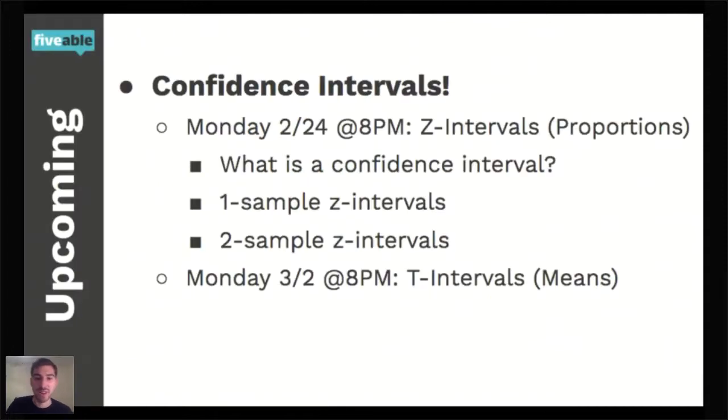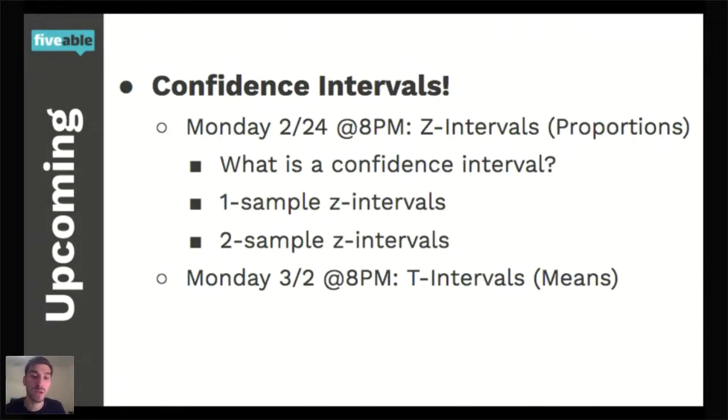What's coming up in the next couple of weeks is we're going to start digging into more inference and start building confidence intervals. So sampling distributions provide the foundation for everything you do with confidence intervals and hypothesis tests, because all the calculations we make when we're building margins of error or finding Z or T test statistics, to then calculate p-values from, is all based on the sampling distribution being normal with our conditions being met.